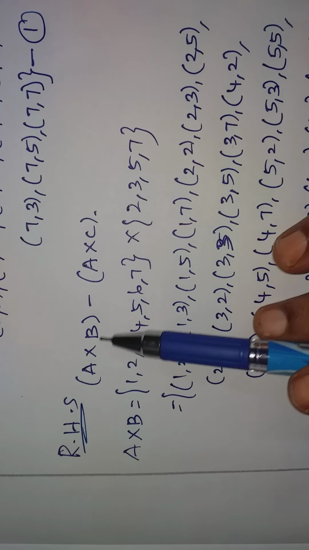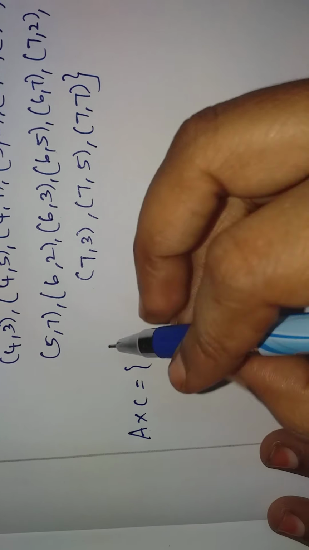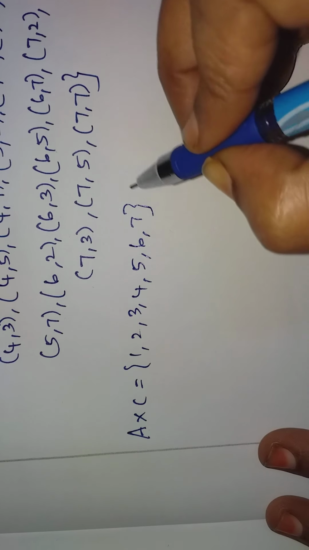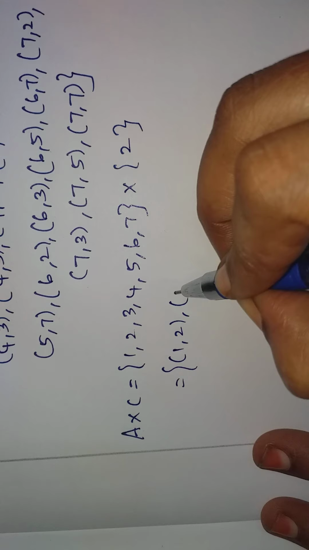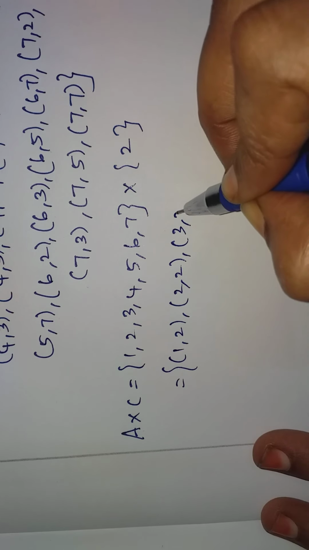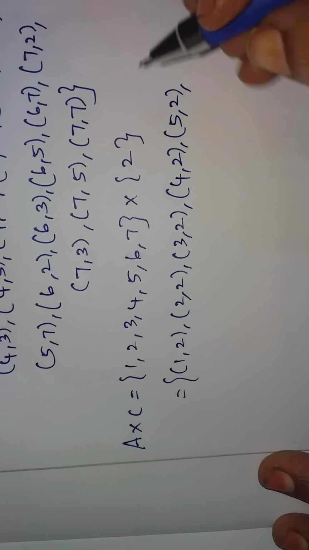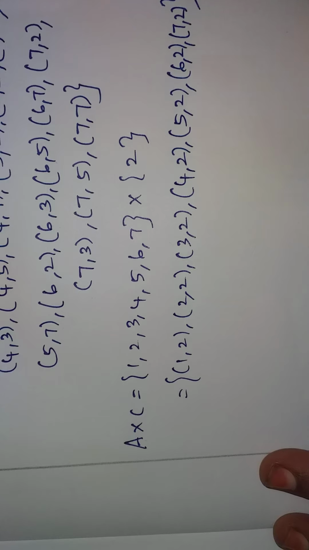After finding A cross B, now A cross C. A cross C equals 1, 2, 3, 4, 5, 6, 7 cross 2. Now say (1,2), (2,2), (3,2), (4,2), (5,2), (6,2), (7,2).